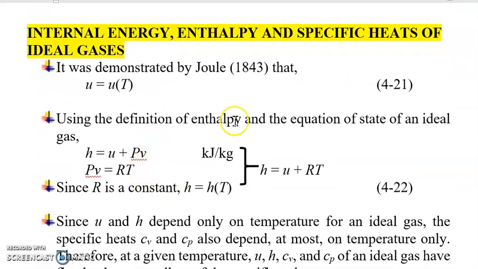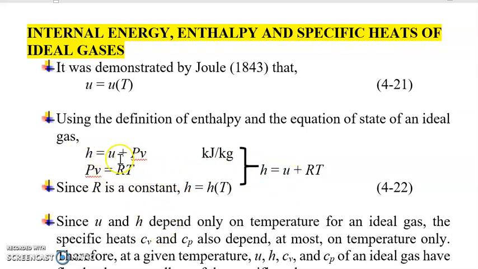Now, Joule demonstrated in 1843 that internal energy is a function of temperature, given by 421. Using the definition of enthalpy, given in module 3, and the equation of state of an ideal gas, you can substitute the definition there.